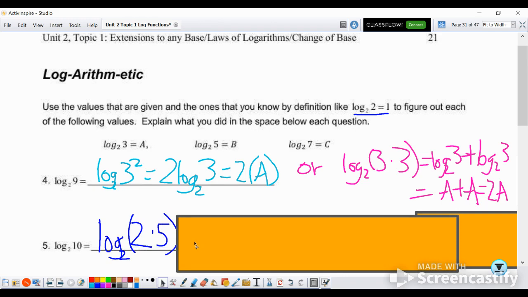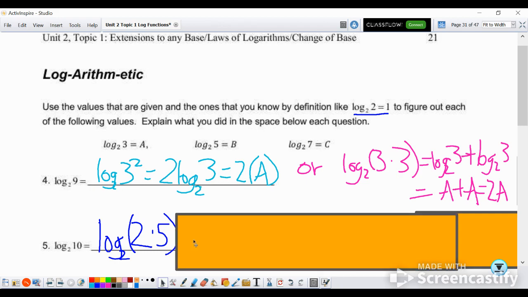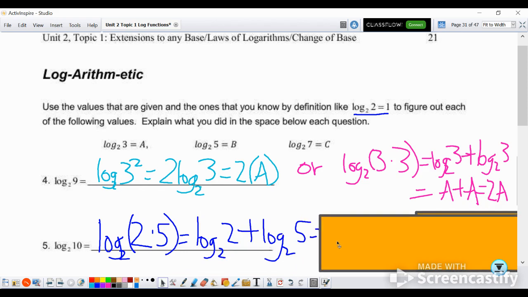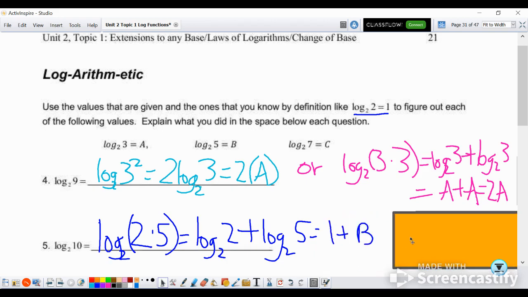So if I've got log base 2 of 2 times 5, using our product rule, we can change that into addition. Log base 2 of 2 is 1 from what I underlined above, and log base 2 of 5 is also defined as being B. So the answer to 5 is going to be 1 plus B.